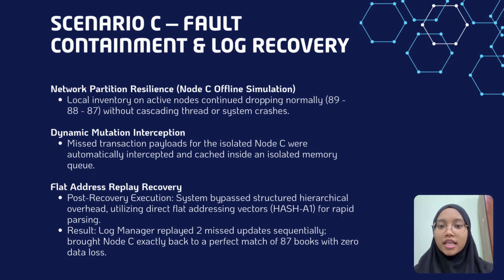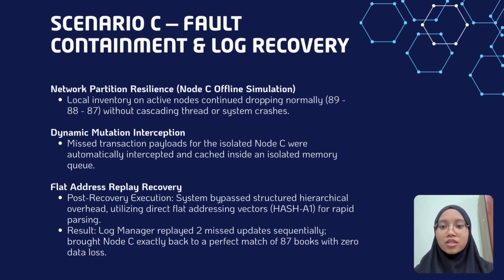Active node A and node B continue processing transactions normally, with local inventories dropping smoothly from 89, 88 to 87 books. For dynamic mutation interception, the two missed transaction payloads meant for the isolated node C were automatically intercepted and cached inside a resilience offline queue.